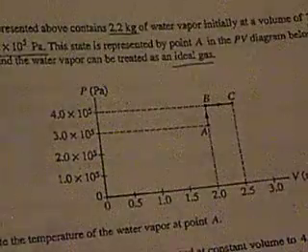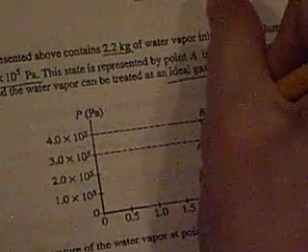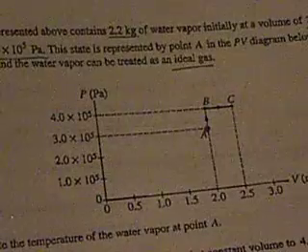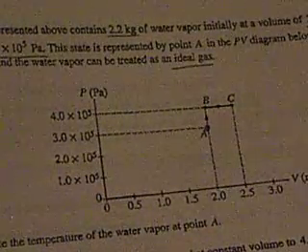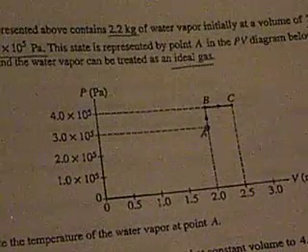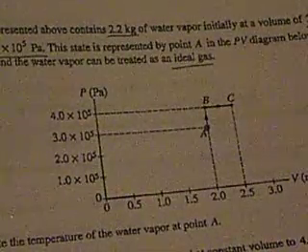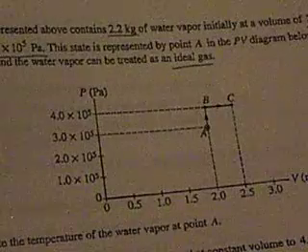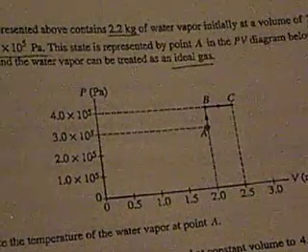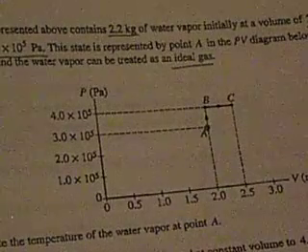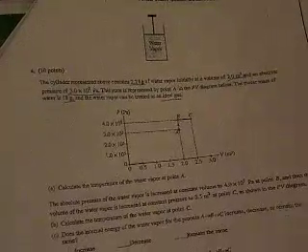Okay, so point A is over here, where there is a volume of 2 meters cubed and a pressure of 3 times 10 to the 5th pascals. In order to calculate the temperature of the water vapor at point A, we are going to use the formula PV equals nRT. So let's find some room on our paper. I'll do it right next to it.